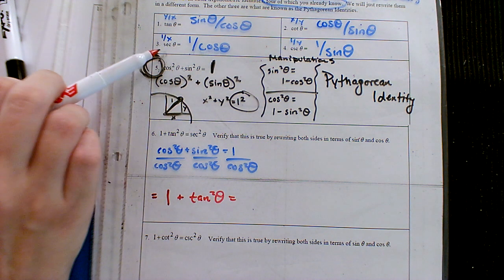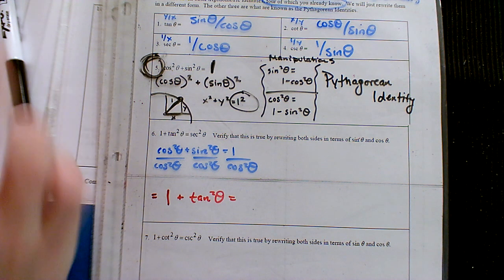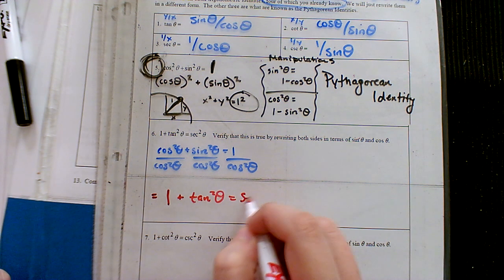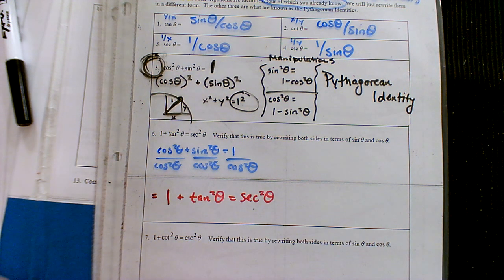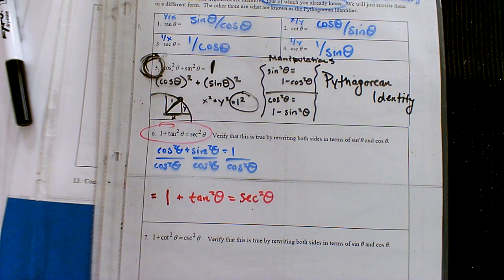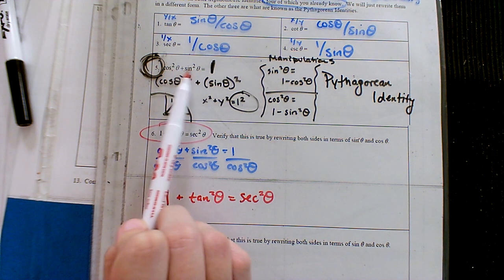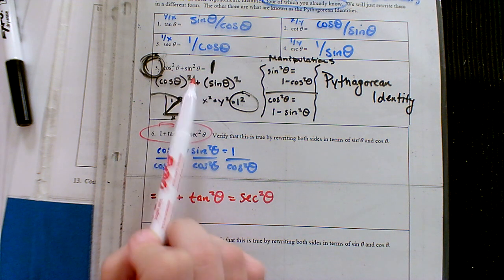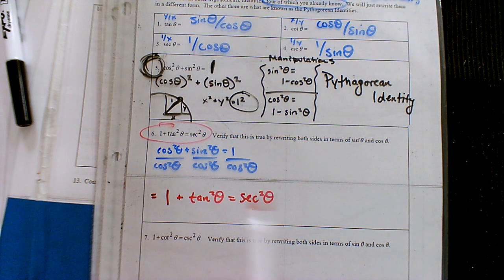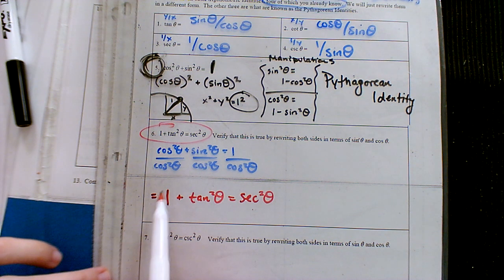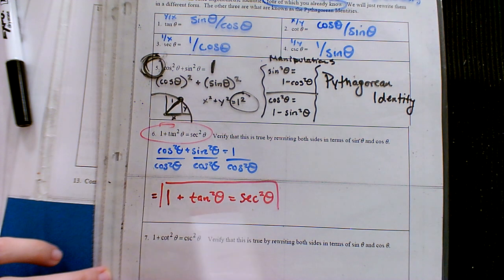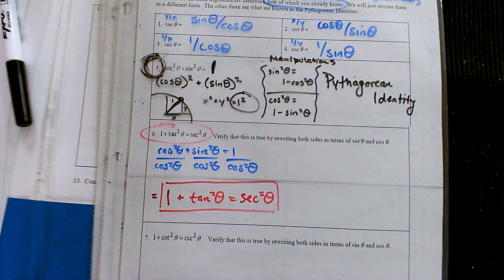We said 1 over cosine was simply secant, but 1 over cosine squared would lead us to secant squared. You see how that's what we started with for number 6. So we're taking the main Pythagorean identity from number 5 and simply dividing everything by cosine squared. What you do to one term, you do to all. Very algebra concept there. All right, so that's where number 6 comes from.